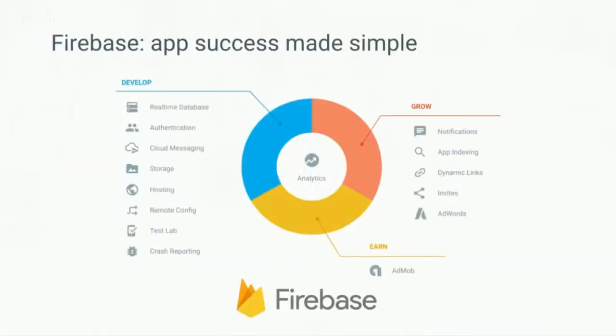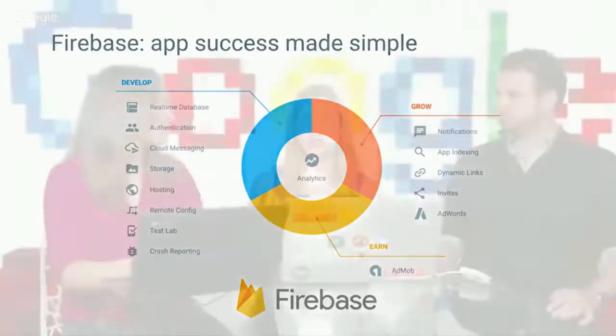Now, we've got 14 different features available in Firebase, and each one of those features can be categorized in either this develop, grow, or earn bucket, depending on what actual functionality is available. But Firebase Analytics specifically isn't categorized under develop, grow, or earn, because it's really the data layer that's tying all of the features together. So you'll notice here in this visual, it's really at the core of Firebase, since this data is supercharging all of the features inside Firebase.